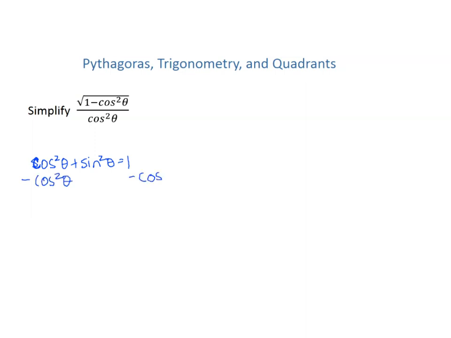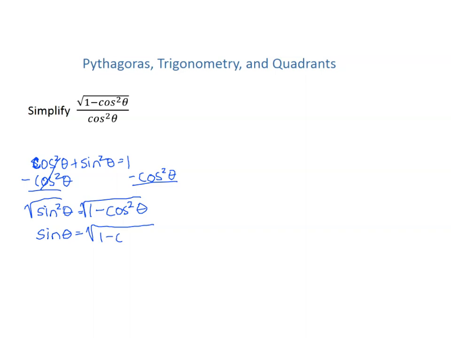Minus cosine squared theta, minus cosine squared theta. And I'll get sine squared theta equals 1 minus cosine squared theta. Okay, and then if I'm solving for sine theta, I would have to square root both sides. And I get that sine theta equals the square root of 1 minus cosine squared theta.